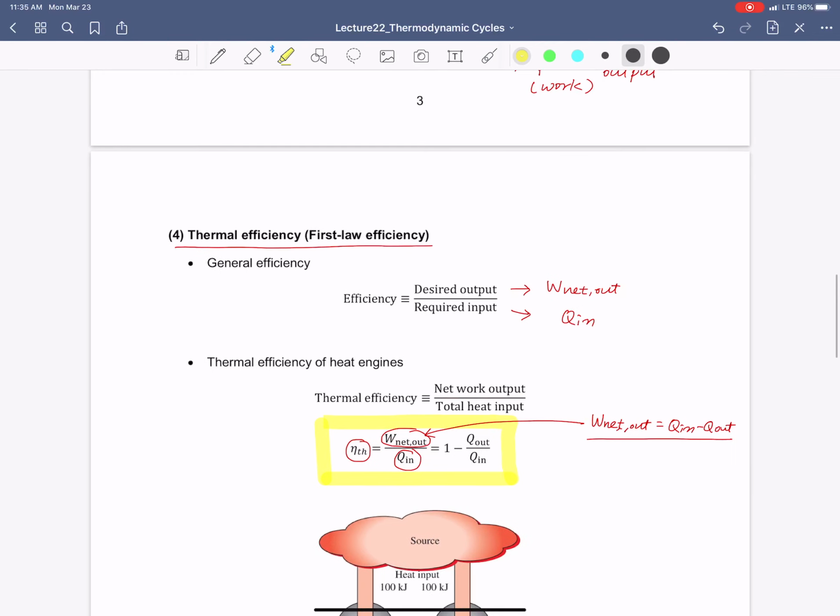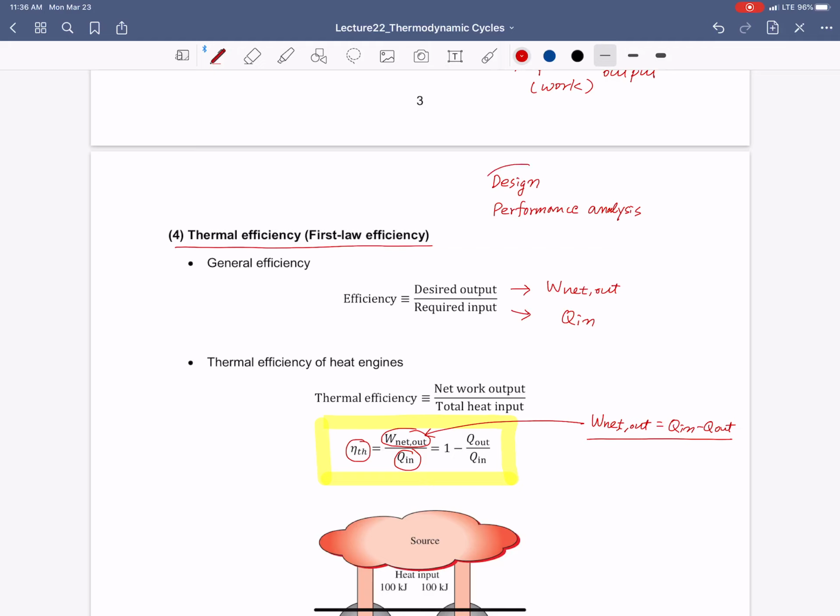Okay. Now, here we go. Many times, you may have to design a cycle, like design a kind of heat engine, or sometimes you want to do performance analysis of the heat engine.